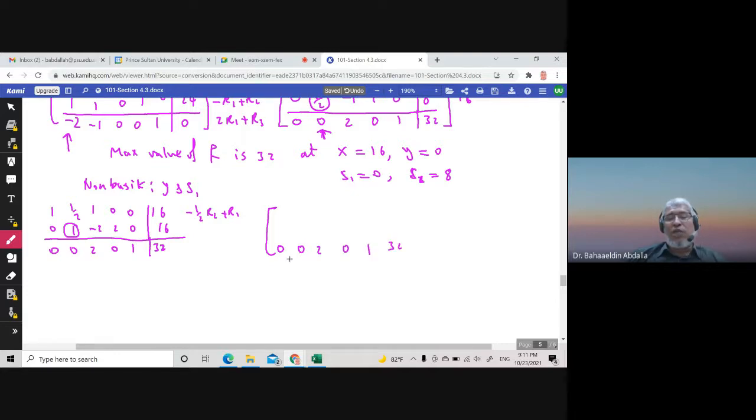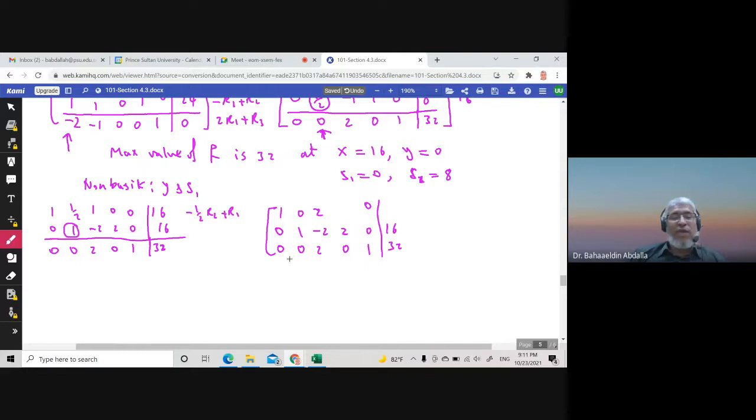There is no change in the last row. Also in the second row. And now negative half plus half, that's 0. Negative half times negative 2 is 1 plus 1, that's 2.